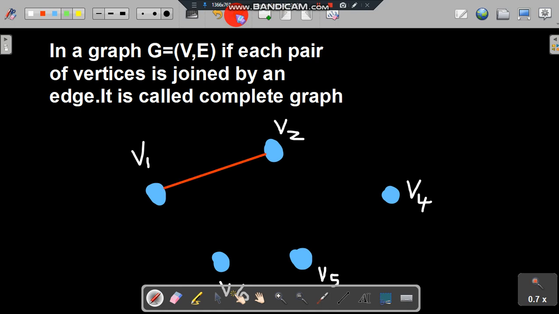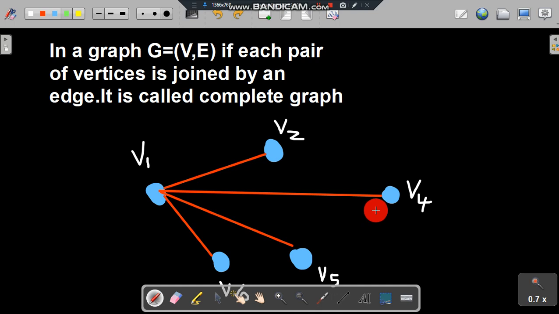V1 and V2, I have drawn one edge. V1, V6, another edge. V1, V5, third edge. V1 and V4, fourth edge. That is, from the first vertex I have made an edge to each and every vertex: V1 to V2, V1 to V4, V1 to V5 and V1 to V6.